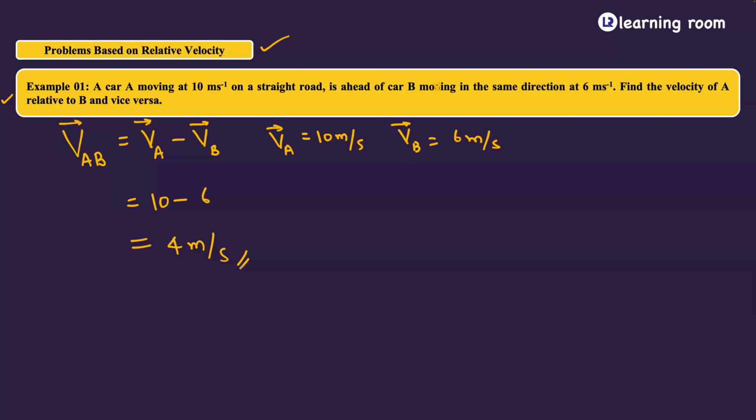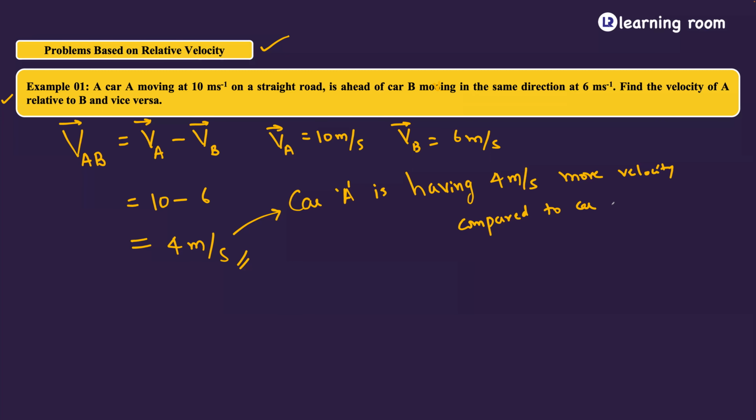First, let me explain the meaning of this. The meaning of this 4 meters per second is, since you did the comparison of A with respect to B, you're saying that car A has 4 meters per second more velocity compared to car B. I hope you're able to understand this point.